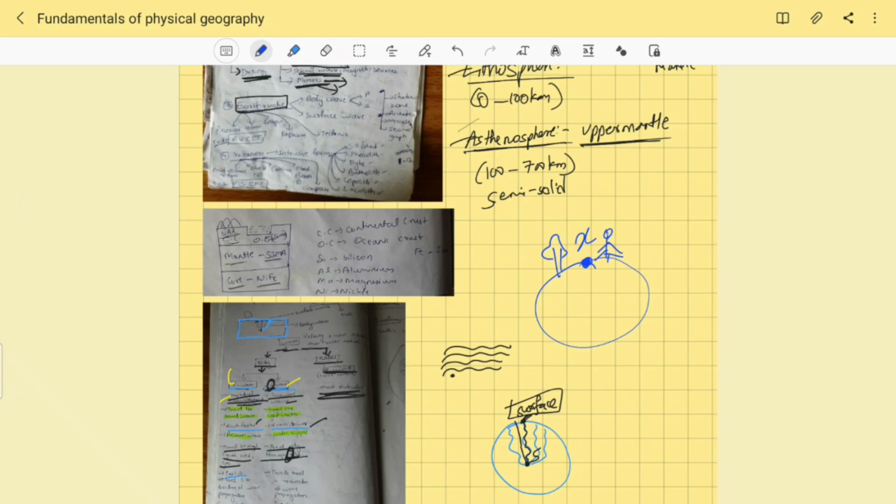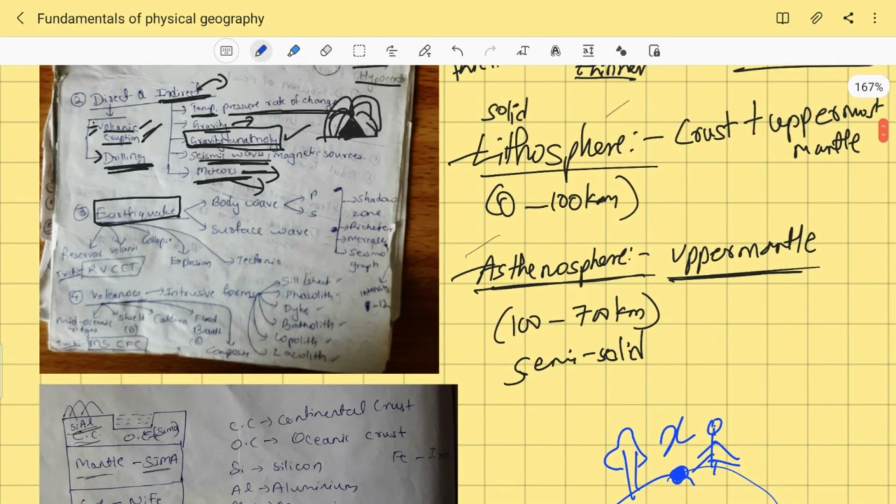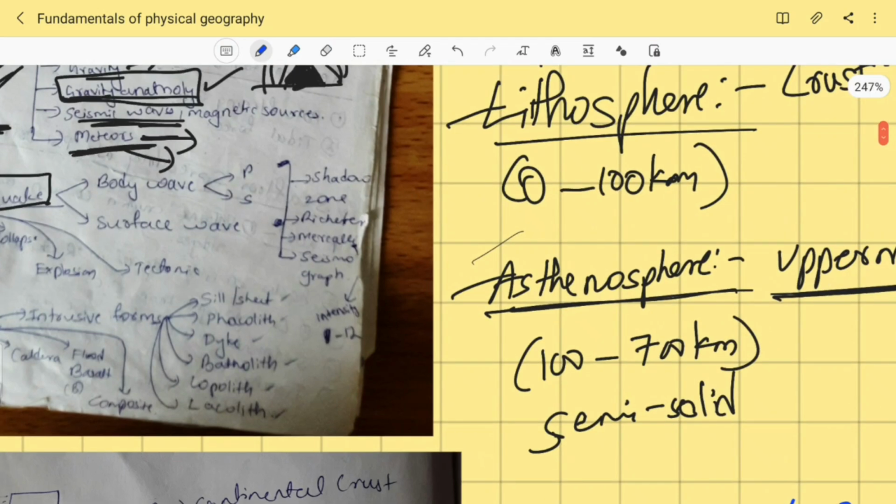For that, see, at home, if we want to measure something, we use a scale. In a cloth shop they use a scale to measure how many meters of cloth you need. In the same way, is there any instrument which could measure the magnitude, the intensity of the earthquake? Yes, we have an instrument to measure the magnitude of an earthquake.